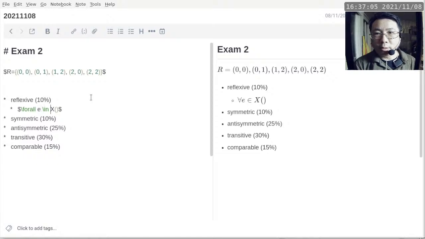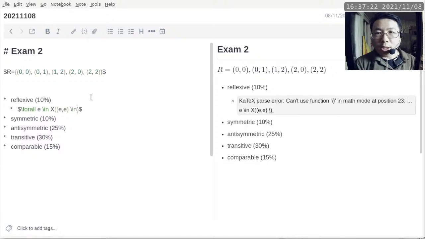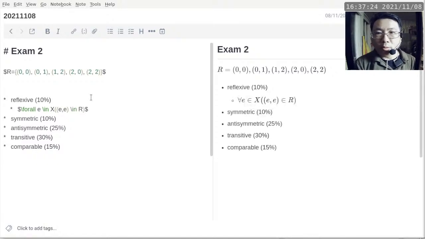So that makes the counterexample very easy to explain, because you just have to say, hey, when E equals this, ERE is missing, or EE as a two tuple is missing, and therefore it is not reflexive. But I'm gonna finish this first. So EE has to be in R in order to be reflexive. So we'll also state a little bit more clearly: reflexive if and only if the following is true.